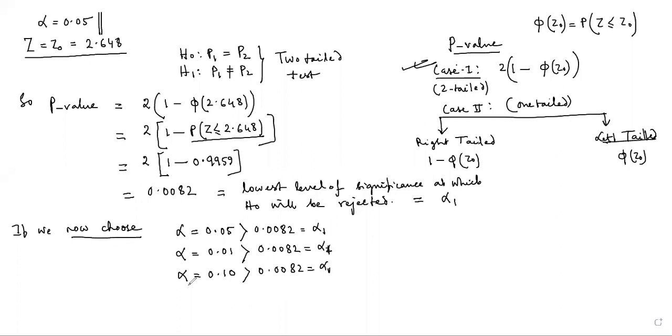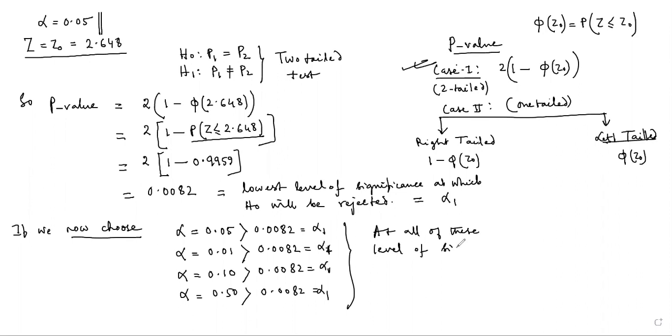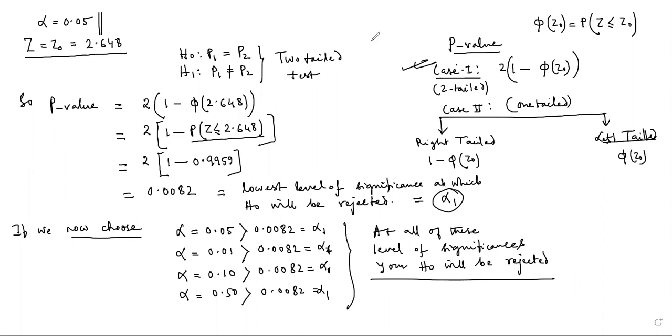If I'm choosing my alpha to be 0.50, it is also greater than alpha 1. So at all of these levels of significance, your H naught will be rejected. So we have got the lowest value at which the null hypothesis will be rejected.